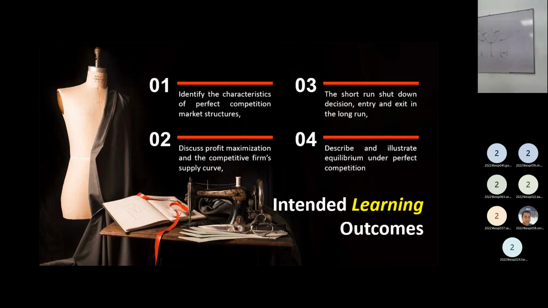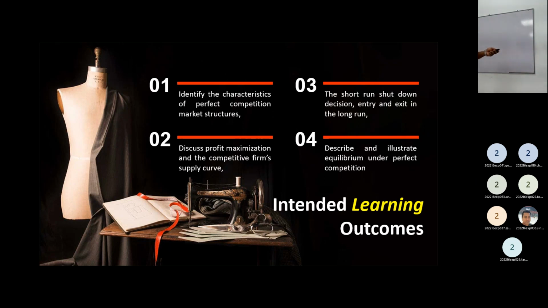And these are the learning outcomes. What do you mean by learning outcomes? What are the things that you could perform once you complete this particular lesson? What we are expecting from you. Simply identify the characteristics of perfect competition market structures.